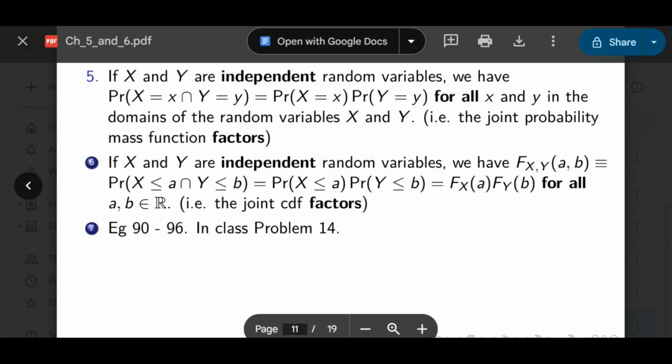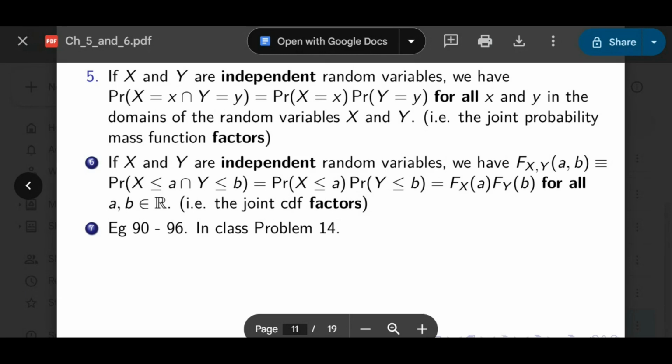If you want to show that X and Y are independent, it's not enough to show, hey, look, I found one pair of X and Y values where this is true. You have to show this for every single x and y in the range. It's not just, oh, I found one pair where this works. Another pair might not work. So you have to show it.